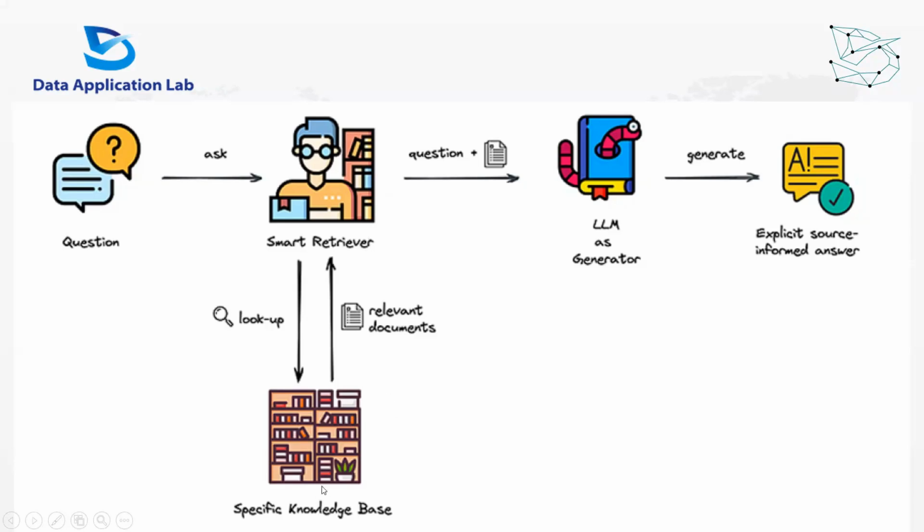If we find related data, our question and the related data are sent to the large language model. Then the large language model understands it and generates new content based on that, and then we get the answer. So this is the overall architecture of how Langchain and the large language model interact.